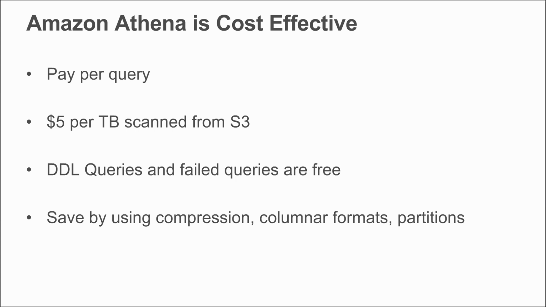We don't charge you for DDL queries or queries for loading partitions or failed queries. Those are all free. But if you do cancel a query while it's running, we will charge you for the amount of data scanned. So an interesting point to note here is that if you compress your data or change it into columnar formats or partition your data, that means you scan less data and your costs subsequently go down.